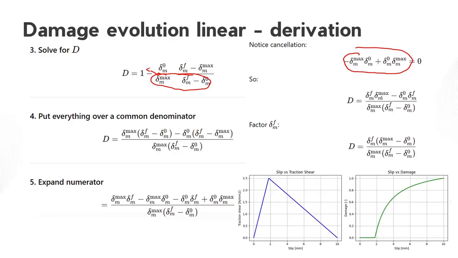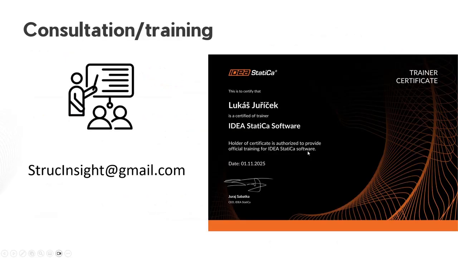There are some delta M fracture terms that are the same, so I can put it in front of the bracket, and those two members put into the bracket. Based on that, I will receive the damage with dependency just on the separation, and I can very well describe it using those two inputs and control the separation. So that's basically it for the first session.